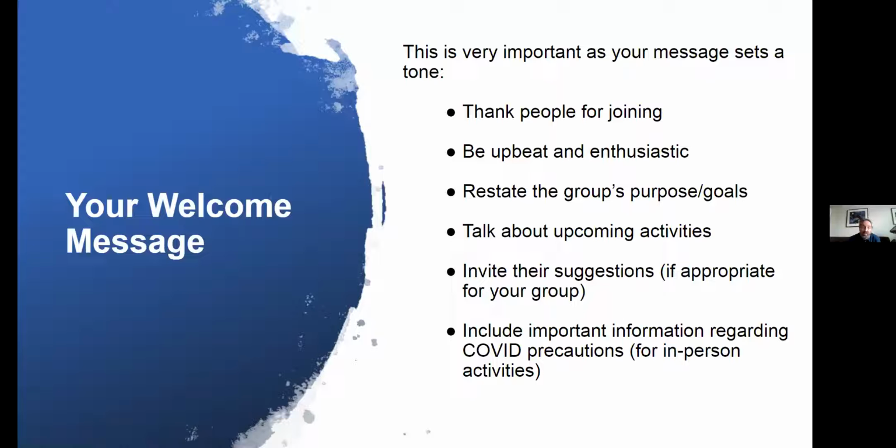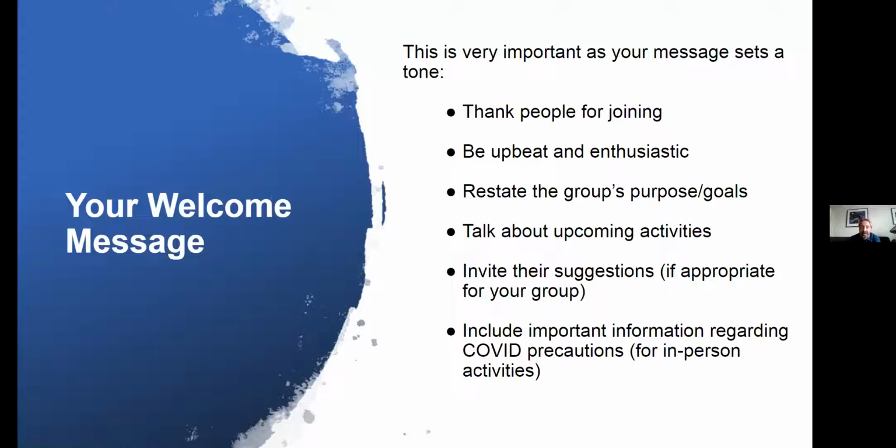So what this is, is that when people join your group, they will automatically receive the welcome message that you have set up in your organizer platform. So you want to thank them for joining.